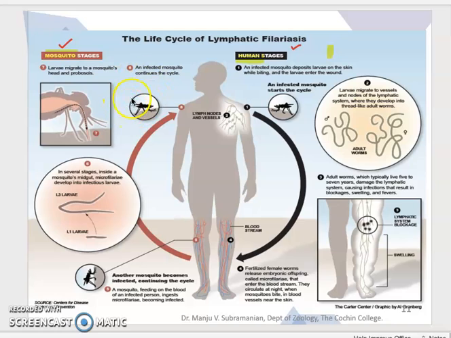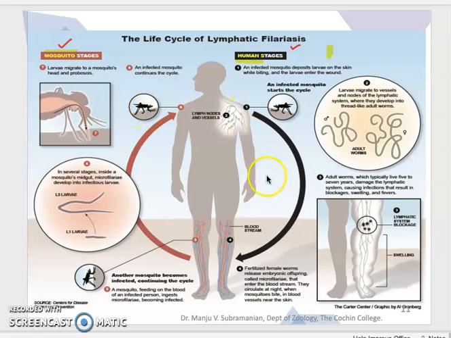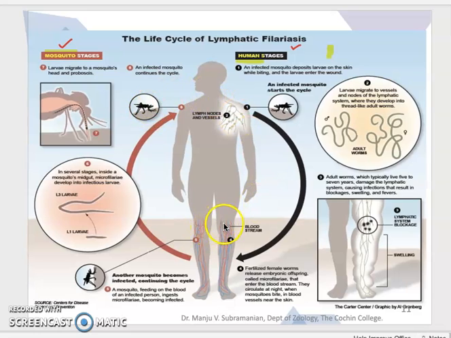Once the mosquito gets infected, it transfers the microfilariae or the juveniles into a new, healthy human host. Then in due course of time they mature, and when the blood is taken in by another mosquito or the same mosquito, the microfilariae reach the mosquito, and again the cycle gets repeated.